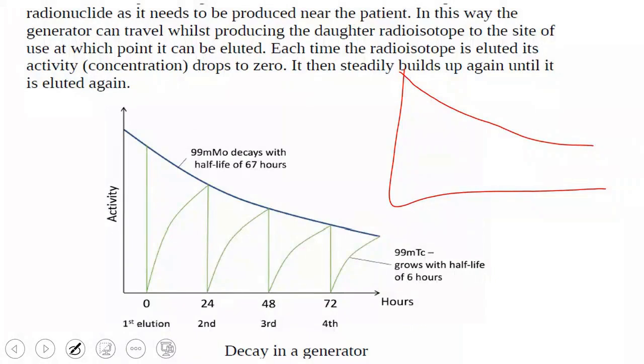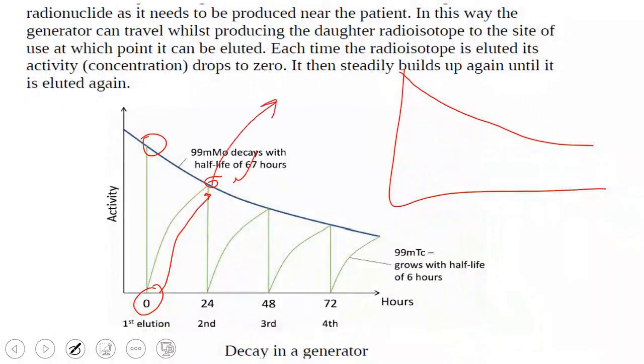What does milking mean? It means you extracted your technetium. What happened? Here is technetium. Its activity was here. When I performed the milking of technetium inside the generator, it dropped to 0. Technetium then takes 24 hours to reach the same activity level as molybdenum.